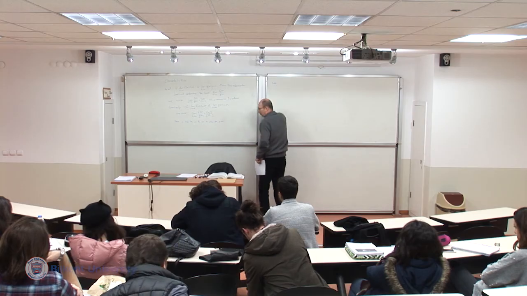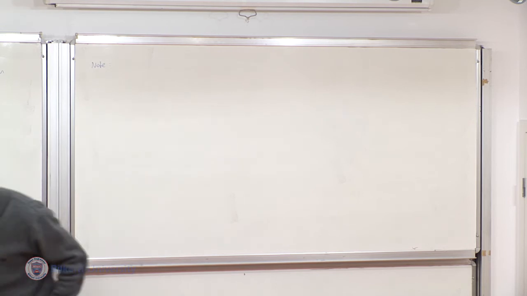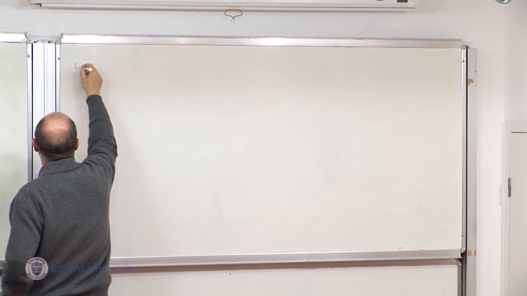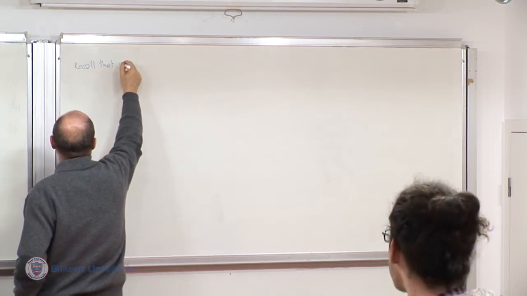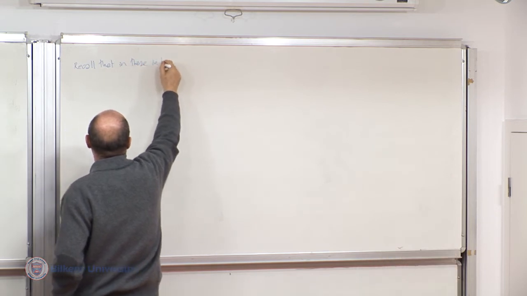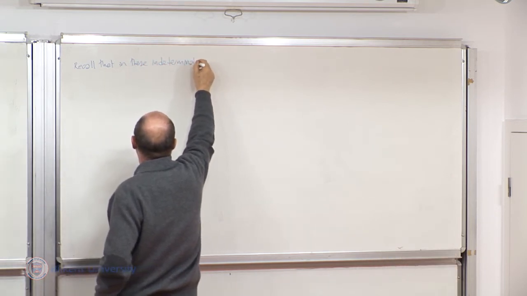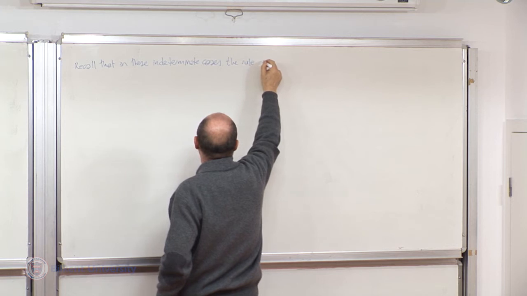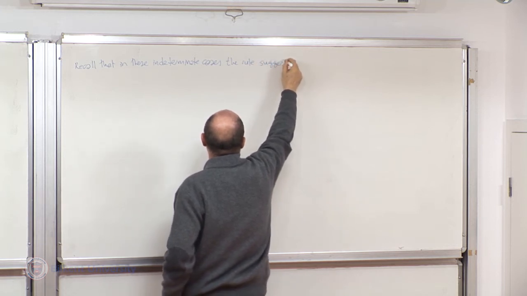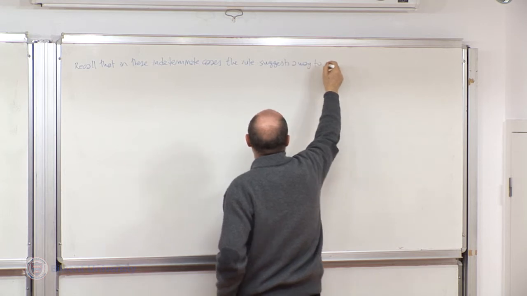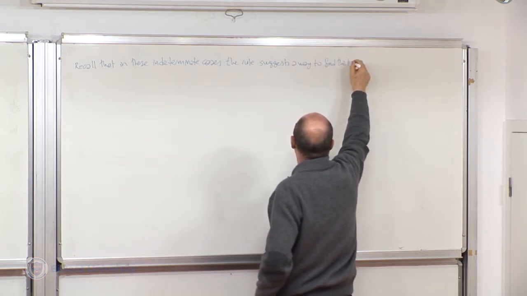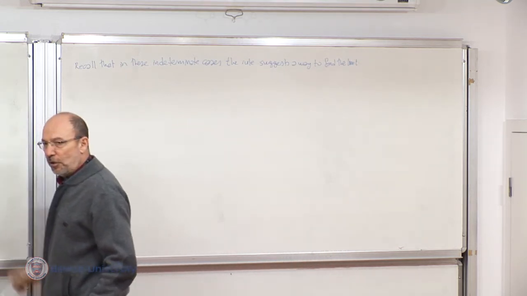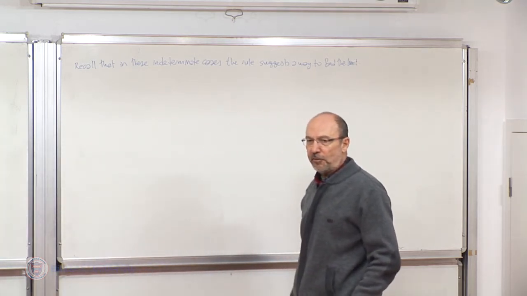Here, one note is, before I give the note, let me give you what the rule was. So recall that in these indeterminate cases, the rule suggests a way to find the limit. Okay, so the rule says that the limit of the ratios is equal to the limit of the ratios of the derivatives.